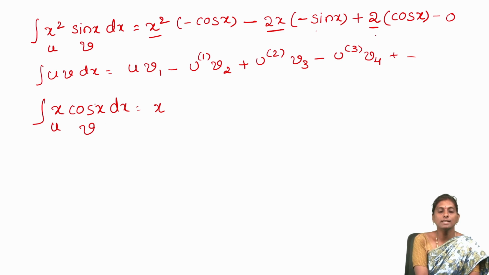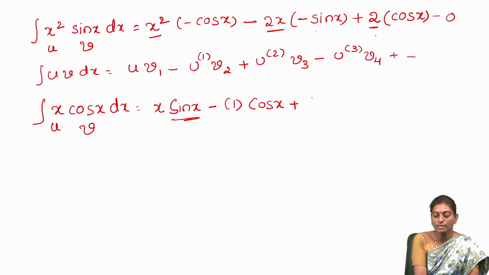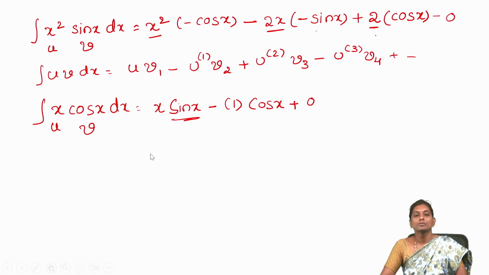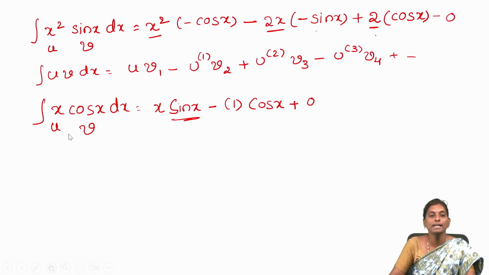The integration of cos x is sin x, minus the differentiation of x, which is 1, and v2, the integration of sin x, which is minus cos x, so plus. Then the differentiation of 1 is 0, so stop here.